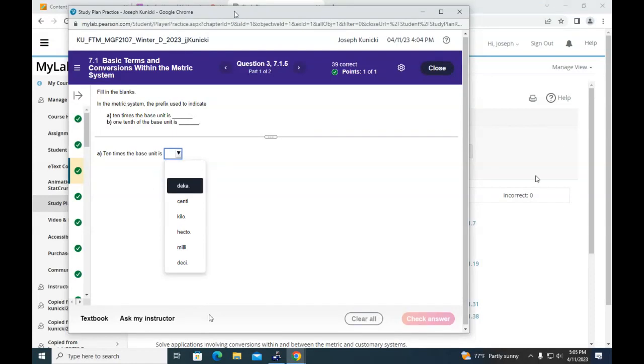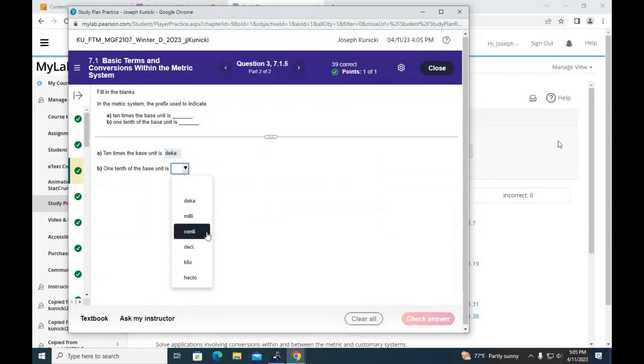Okay. So 10 times the base unit, if you just look at it, it's deca. Now, there's two different ways to write it, capital D or lowercase da. I don't like the lowercase. When you see it, know what it means, but I prefer the capital D because it's one letter. It's just simpler to write. So deca. And then if you go 1/10, if you go down one, you'll see it's deci, like decimal, deci.